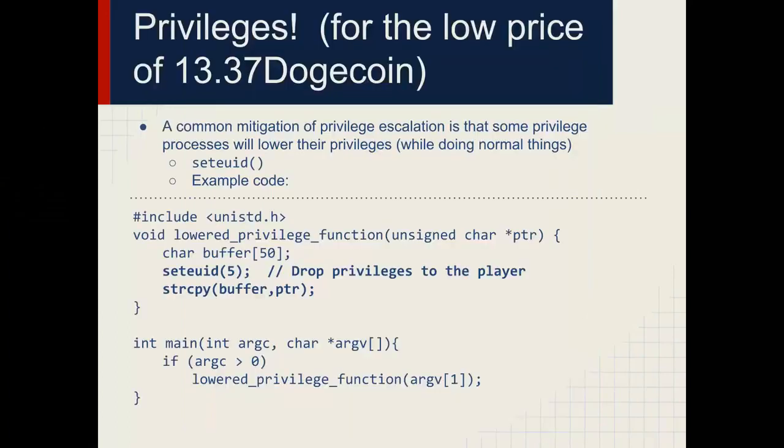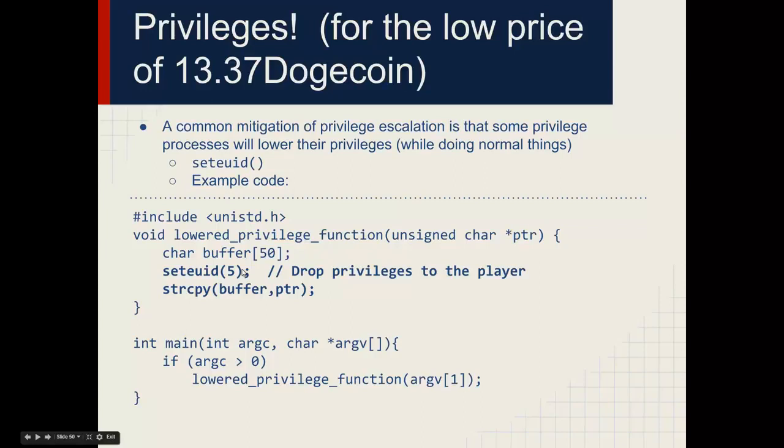Privileges. It is very common for applications to drop privileges to a less privileged state or user ID to operate and perform some features. For instance, the code provided here drops privileges.